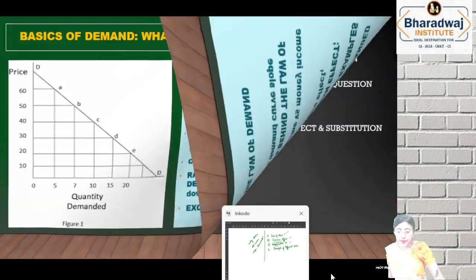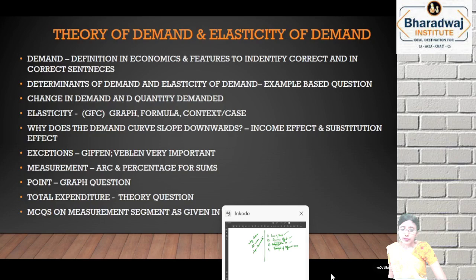Okay. Now, what is it that I have to do, my dear students? Please look at it. What are the standard questions here? On demand, you have to find out correct and incorrect sentences. People go wrong. Correct and incorrect definitions. I will give you one example sentence. Determinants of demand and elasticity of demand are factors influencing our example-based questions.